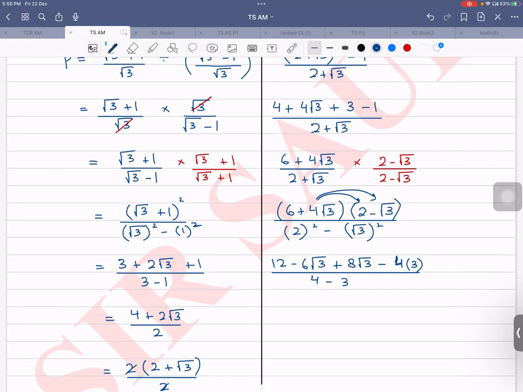Oh, so my constants are getting cancelled out. Please let me know if you are getting the same answer. Yes, I got the same answer. Okay, ठीक है.